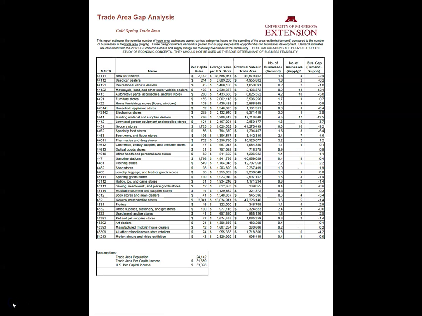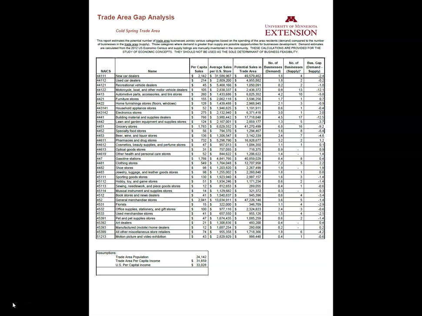So as I said, I would pull up this trade area gap analysis, or this gap calculator, that we put together for Cold Spring. And I just want to take a moment to talk about how this thing works, give you a quick idea. What we did is we loaded in some assumptions, that's that box down in the bottom here, about the trade area population. We had a good guess, around 24,000 people. We had some information about the per capita income in that trade area, and we had information about the U.S. per capita income.